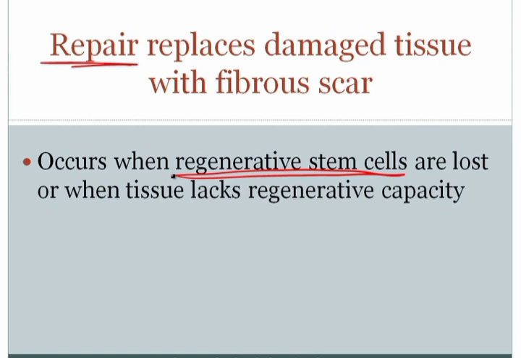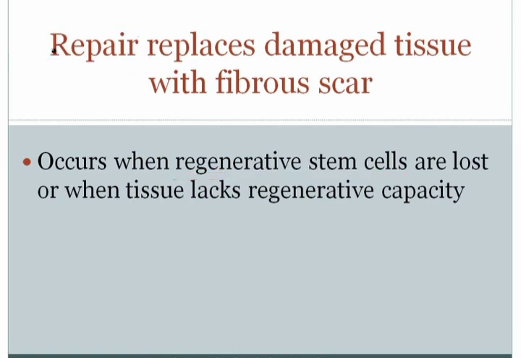And if the basal cells are removed, then you're going to get a scar instead of a replacement with skin. And that's why when you get a very deep cut, you can see a scar form. And you could years later say, oh, I remember this scar. I got this when I was cutting steak, for example. And that would be another example of repair.